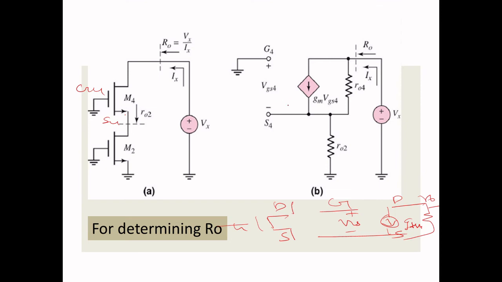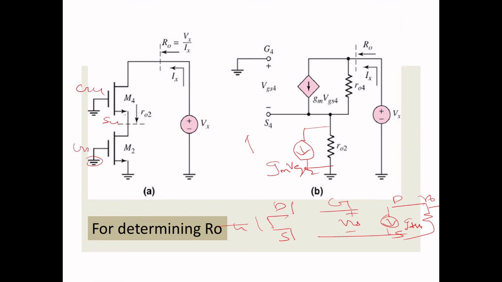For M4 it is represented here. Down also you will be having gm VGS2. But you can see here it is connected to ground.